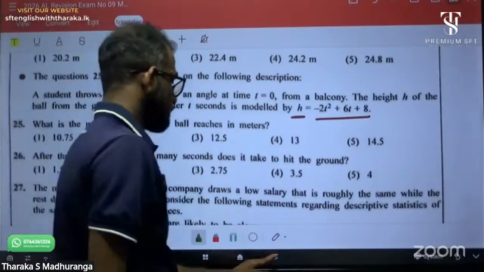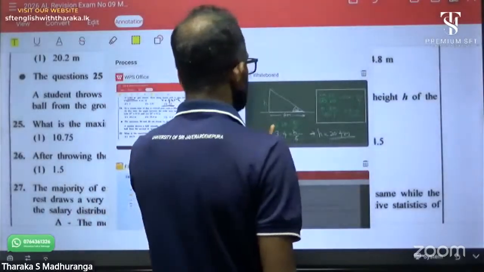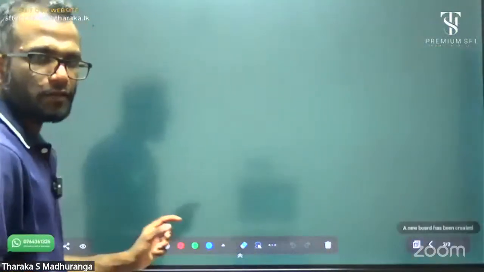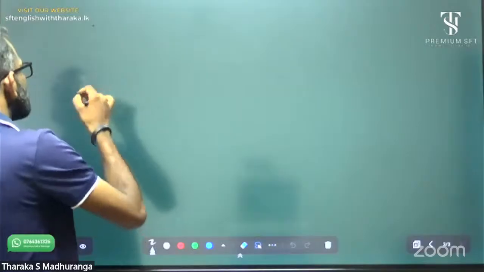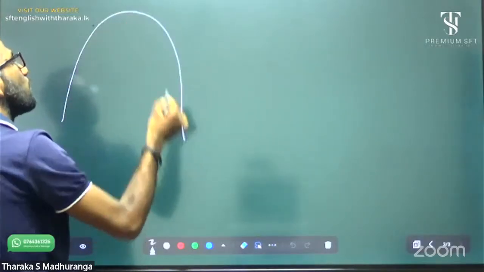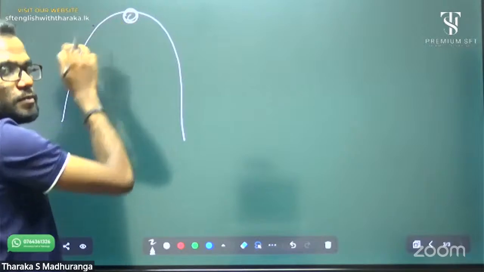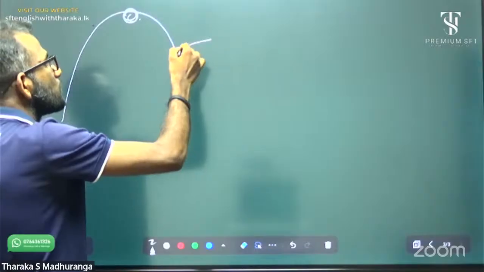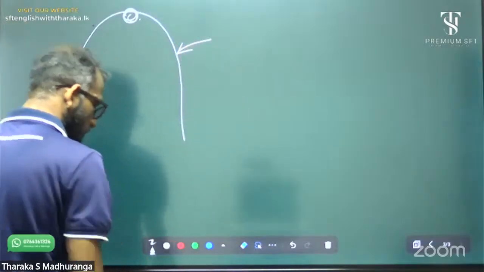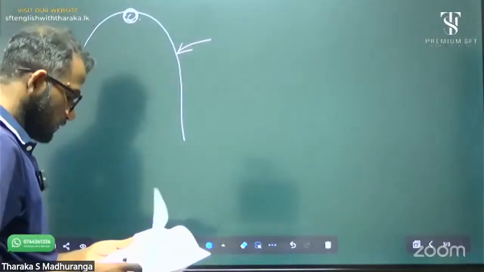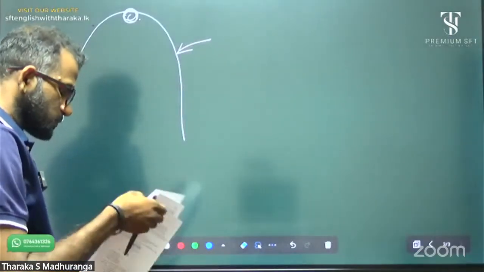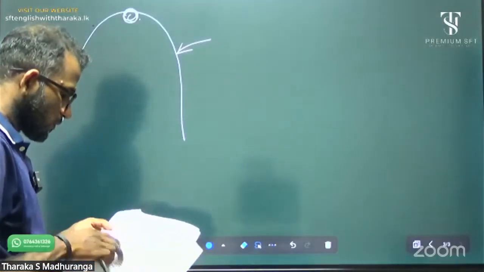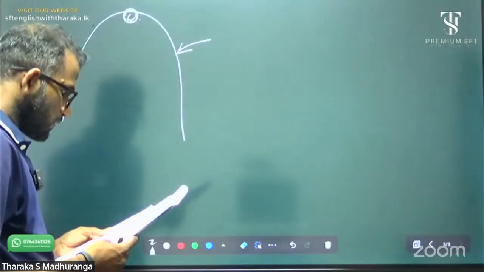Okay, this is the ball path. Think this is the ball at the maximum point, that means its turning point. This curve equation is given.